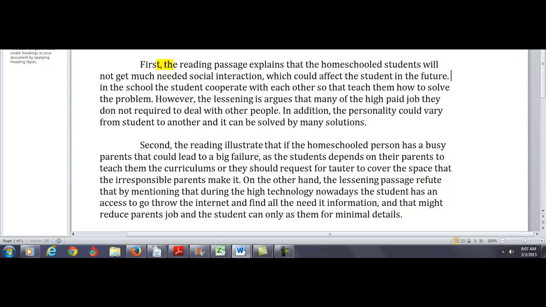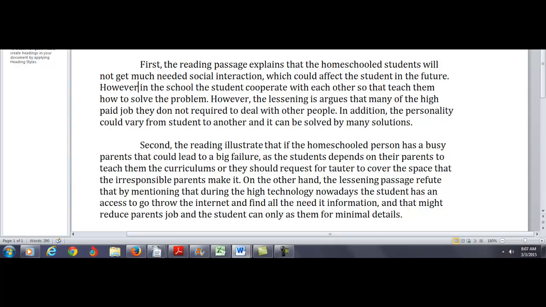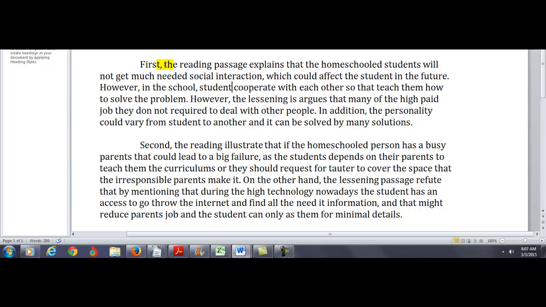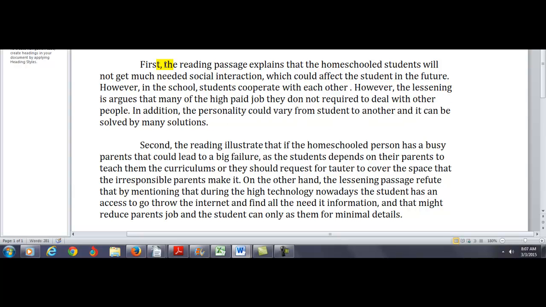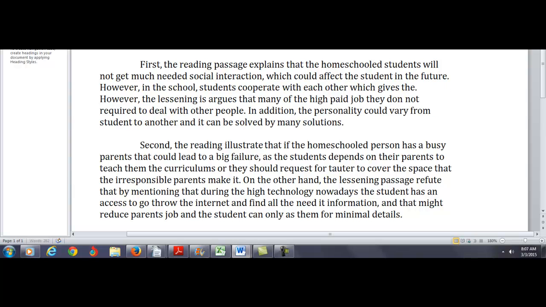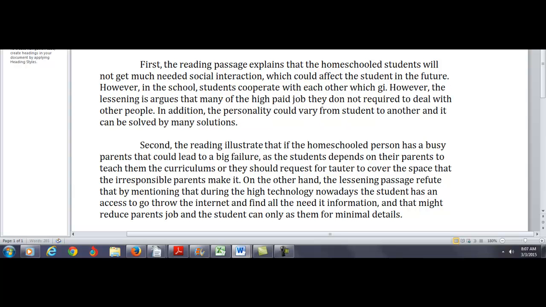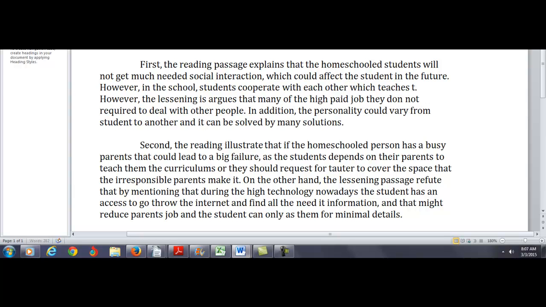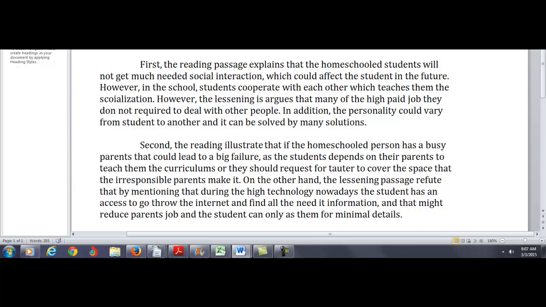Then maybe say here, however, in the school, students cooperate with each other. Maybe say here, socialization skills.